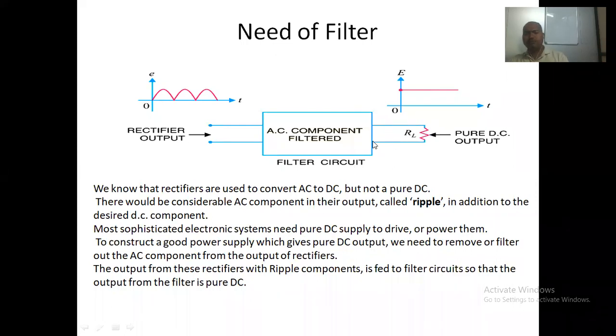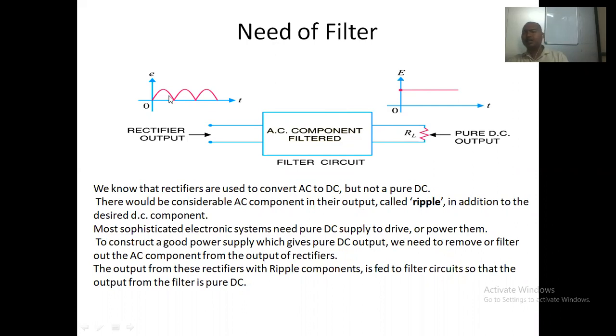Now see, one of the important things is ripple. What do you mean by ripple? The definition of ripple is that when we pass the pulsating AC voltage, which should be converted to DC, this pulsating DC component still has some AC components.